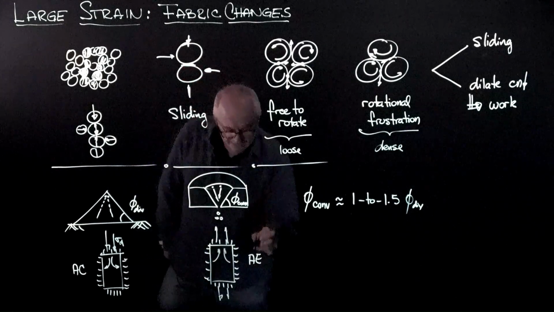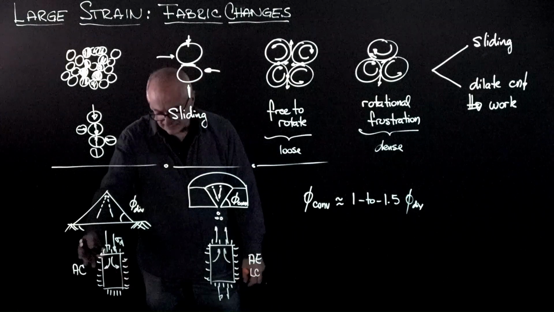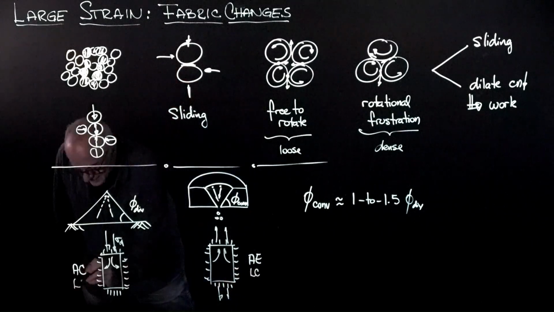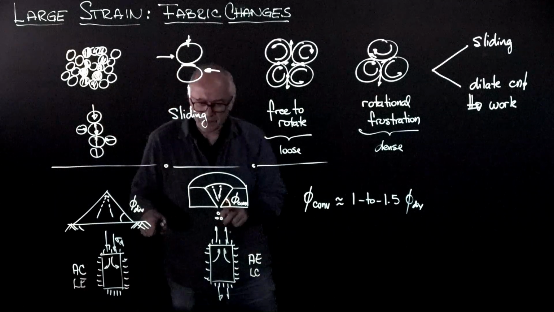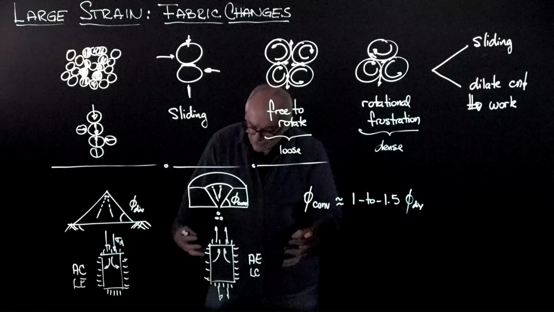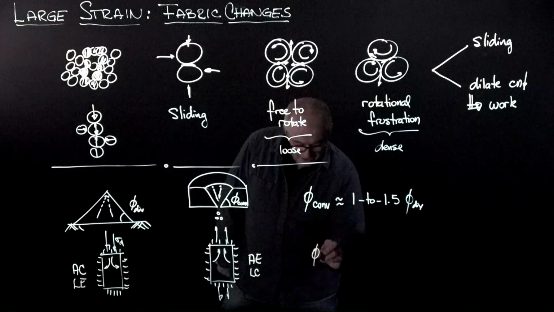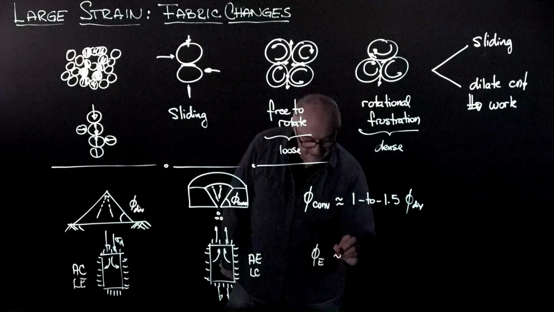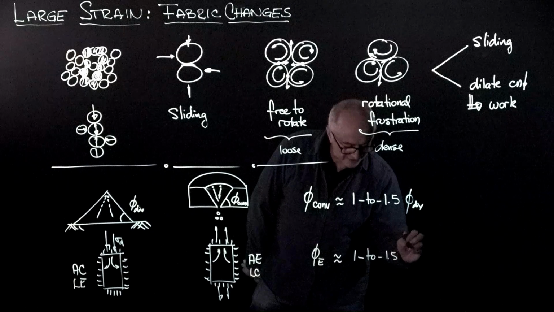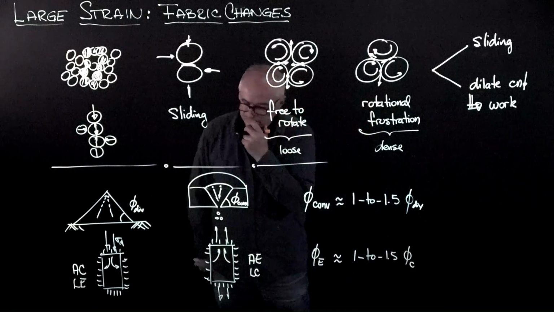So it would be an axial extension or a lateral compression test, and the opposite would be here, axial compression or lateral extension. And when we compare the friction angles between these two, in convergent flow, in extension test, the friction angle in extension test is about 1 to 1.5 the friction angle in compression tests.